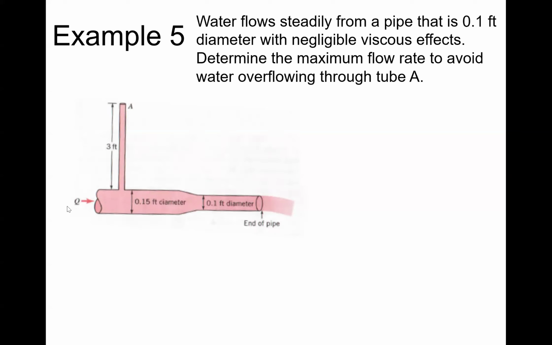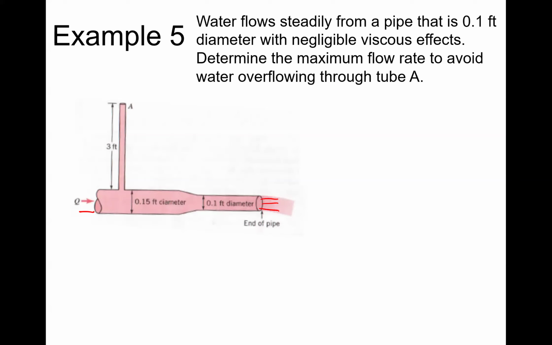The flow of this fluid is moving through a 0.15 diameter pipe, and then there is a reduction. Typically, this is called a nozzle, even though in this case you don't really have that much of a difference in diameter. And then you have the end of the pipe, which is now open to air.